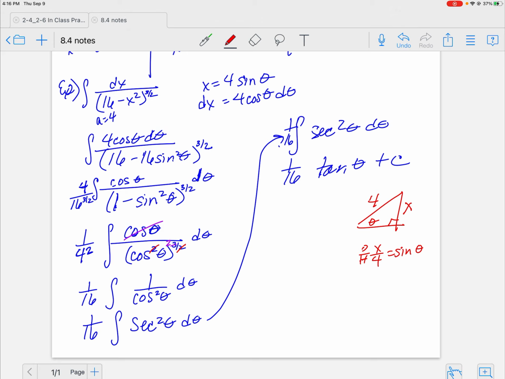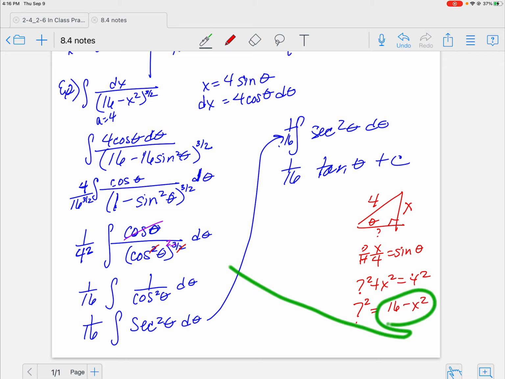Then you can go through and use the Pythagorean theorem. I'm going to put question mark here. So question mark squared plus x squared is equal to 4 squared. And look what's happening. Question mark squared is equal to 16 minus x squared. Have you seen this before? Oh, hello, original pattern.